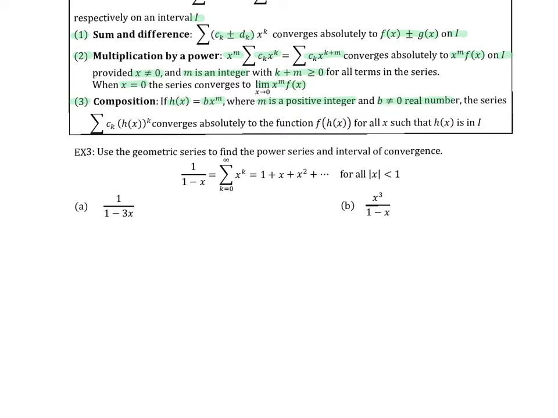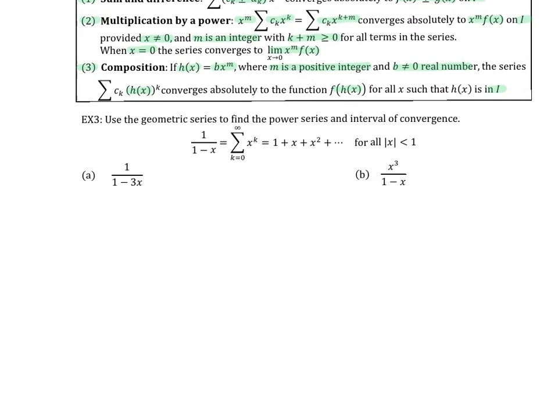So what you can do is compose your power series by plugging this function h into your power series. That will also converge to f of h. The interval of convergence has not changed. So this is a lot of blah, blah, blah. It really doesn't make any sense until we look at some examples.